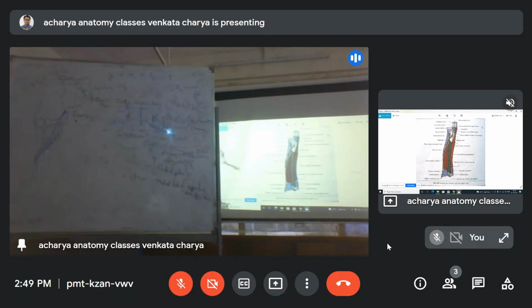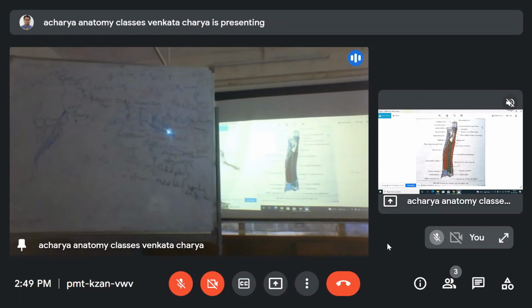Finally inserted into the... see, what is this? These are carpals. This is the first metacarpal. In the first metacarpal, which side is it? Radial side means lateral side. This one is the medial side.